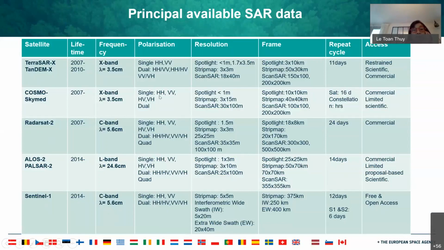And for the polarization, here they are dual polarization, and here is the quad pole. Quad pole is usually a small piece of land with polarimetric mode, but because it's not global, it is mostly used for research.